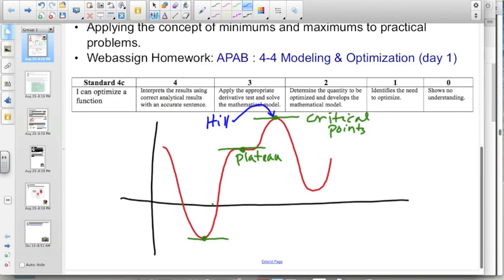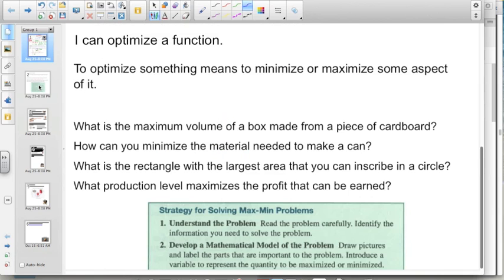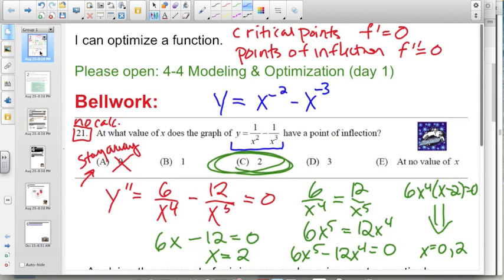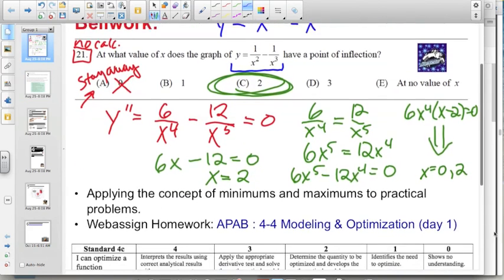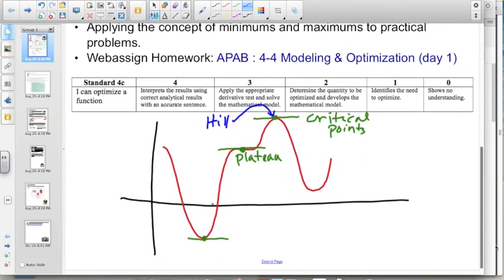And if we ask questions like, how can you minimize the material needed to make a can, that's asking you to find what on the graph? Minimizing something graphically would be looking for what? That minimum value or that valley.